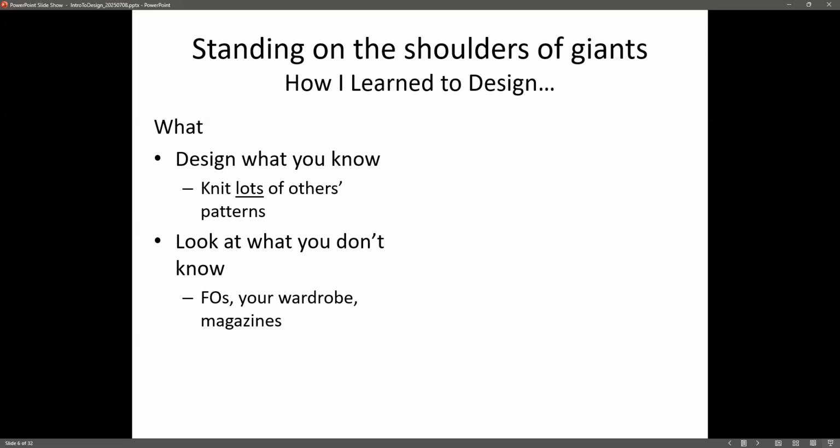This is where, August and September are really exciting for me. I'm always spending time at the mall in August and September because that's when the knitwear appears in the stores. I'm always investigating and kind of creeping the knitwear just to see how stuff's put together.